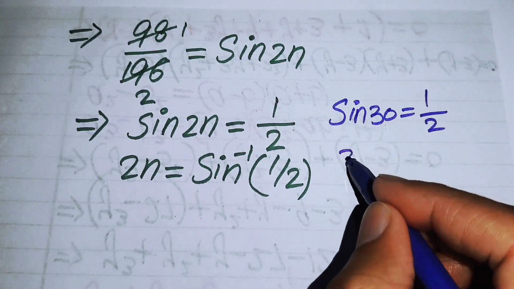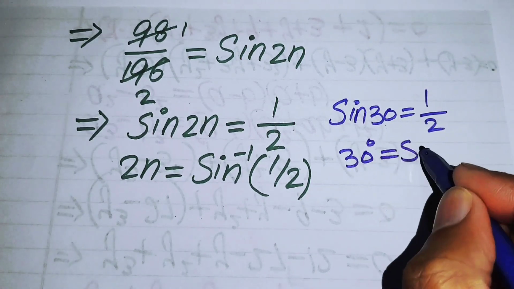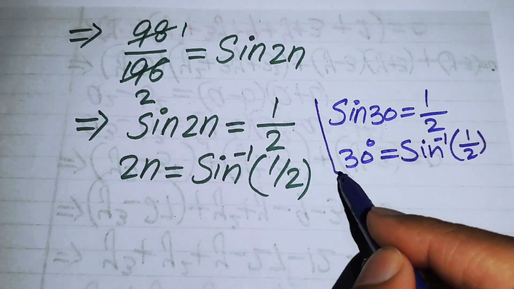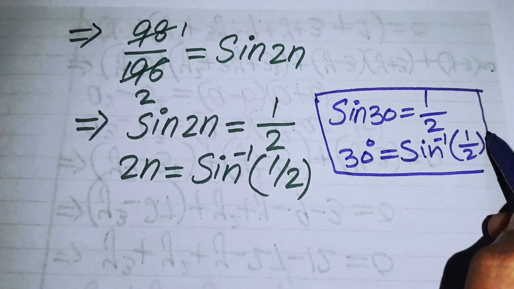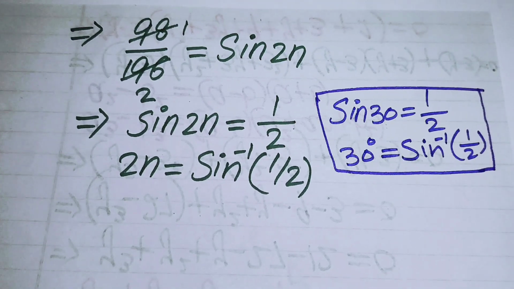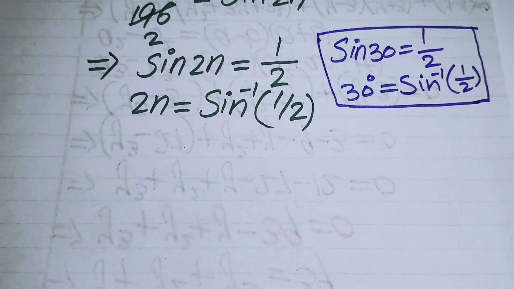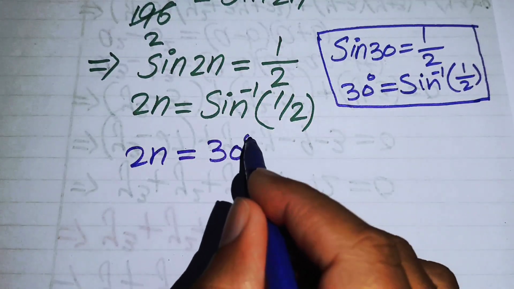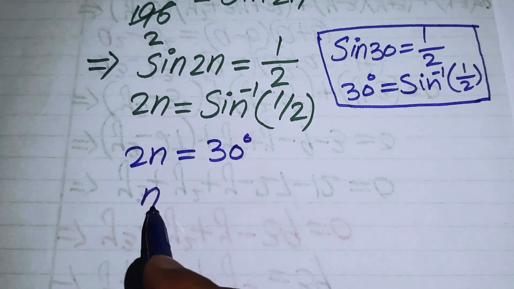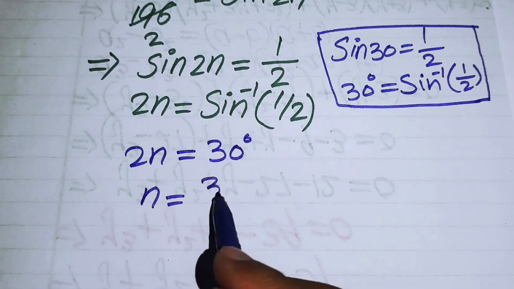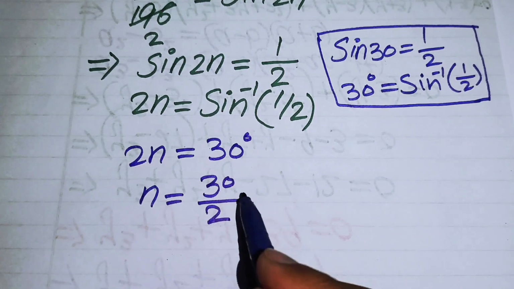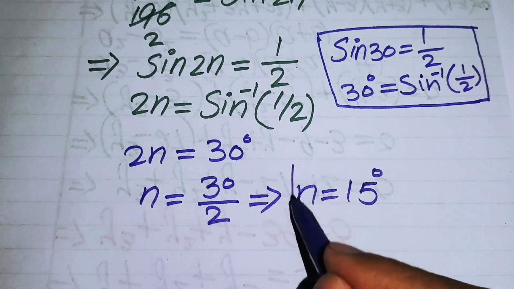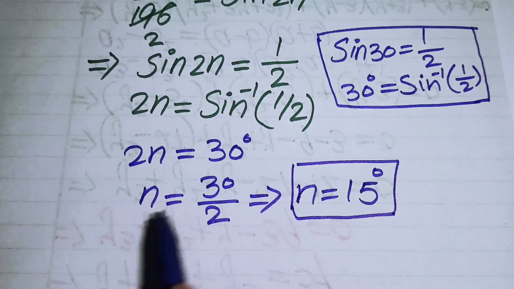So 30 degrees equals sine inverse of 1 over 2. Now we use this tabular value of sine, so that the right hand side becomes 2 times n equals 30 degrees. Now we move this 2 to the right hand side, and you will get n equals 30 over 2. This implies that n equals 15 degrees. So this is our final value for this problem.